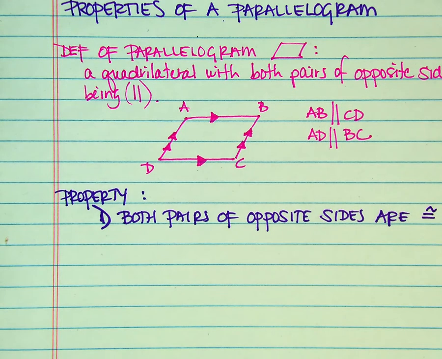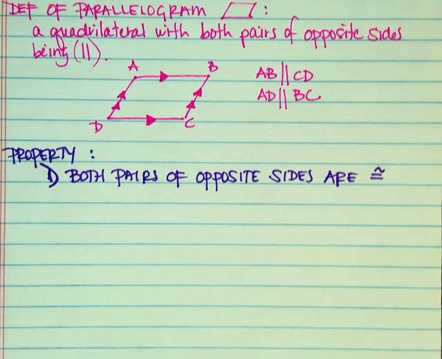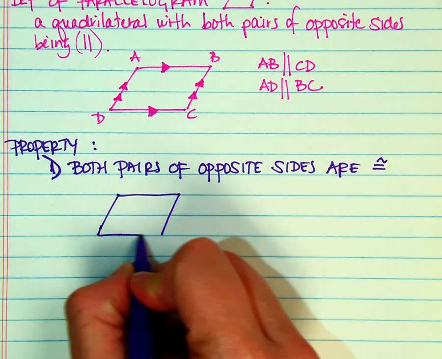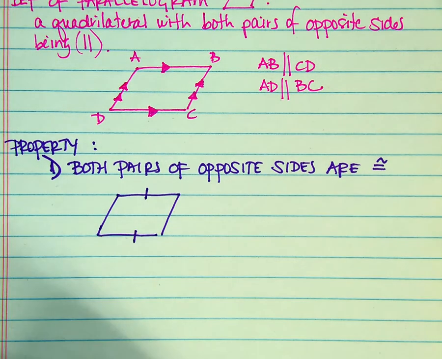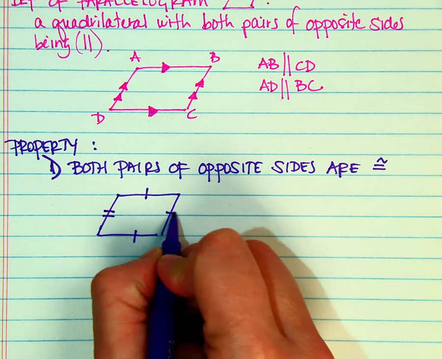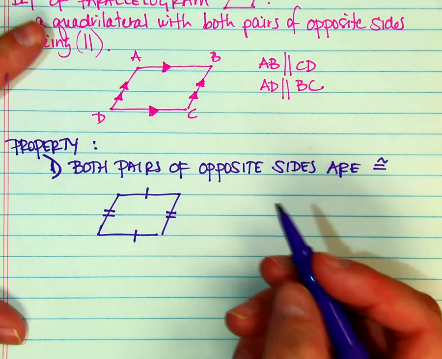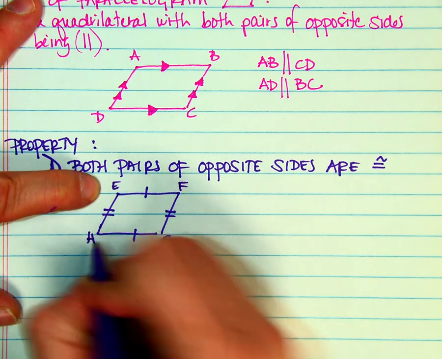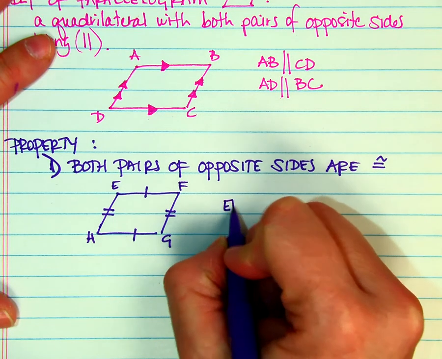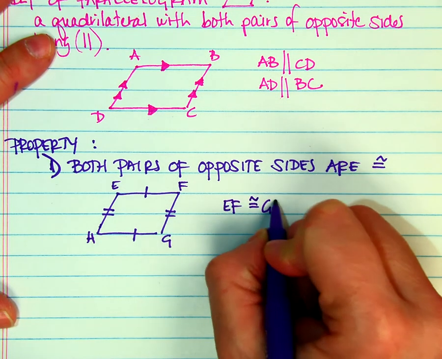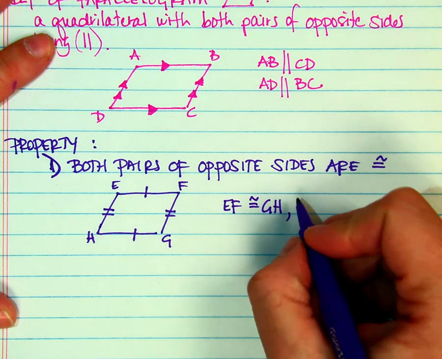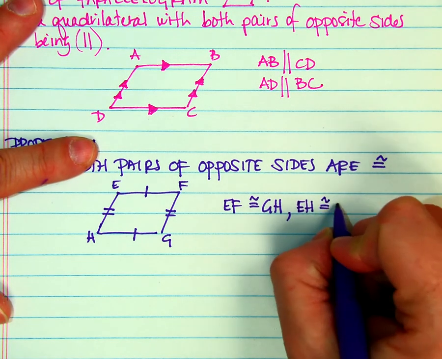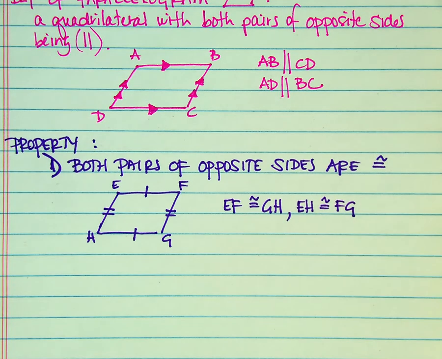So not only do we have the parallels, but now we also know that in our parallelogram, those two pieces are going to be congruent, and those two pieces are going to be congruent. So if we have E, F, G, and H, I know that EF is going to be congruent to GH, and that EH is going to be congruent to FG.